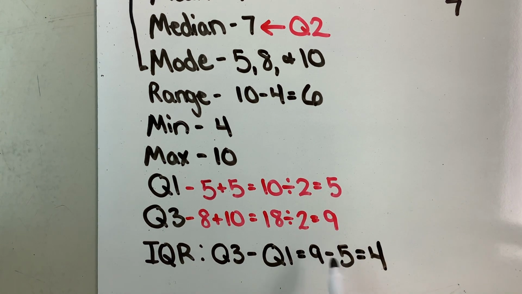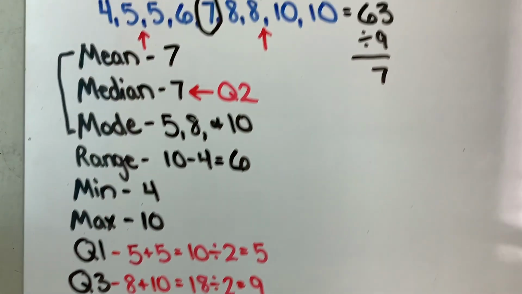So our IQR is 4. This is a measure of variability. The other measure of variability is your MAD, mean absolute deviation. Okay, so we're going to work on that now because that takes a little bit more time.